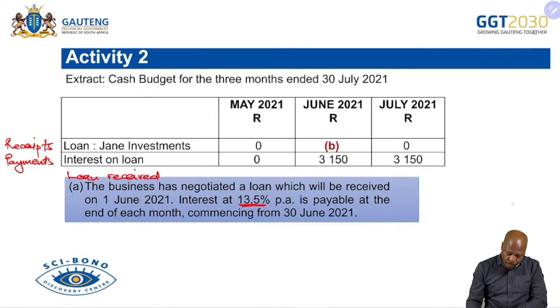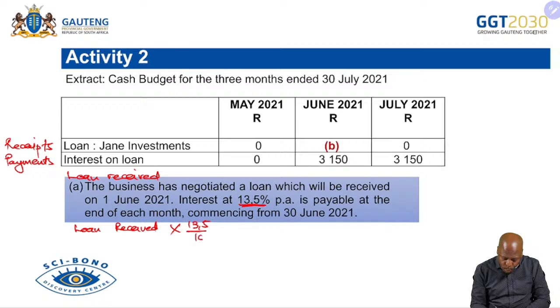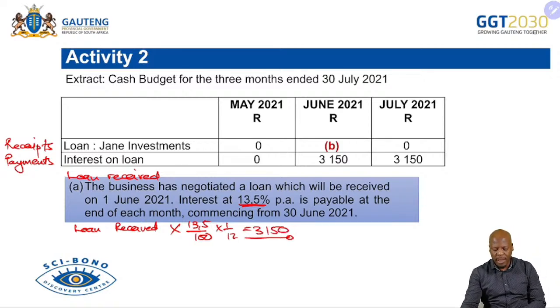So my loan received multiplied by the interest rate, which is 13.5 over 100, multiplied by 1 over 12, gives me my 3,150.